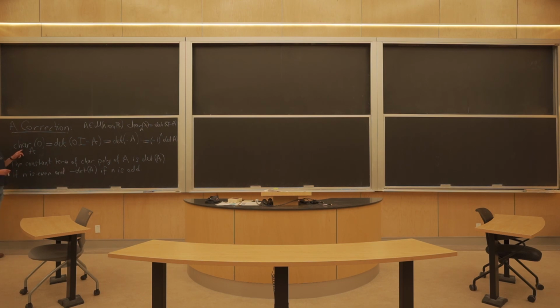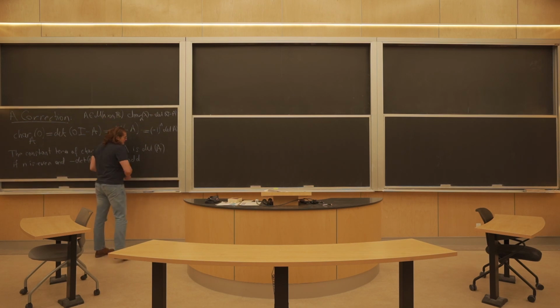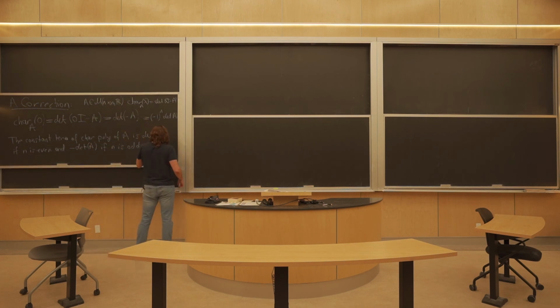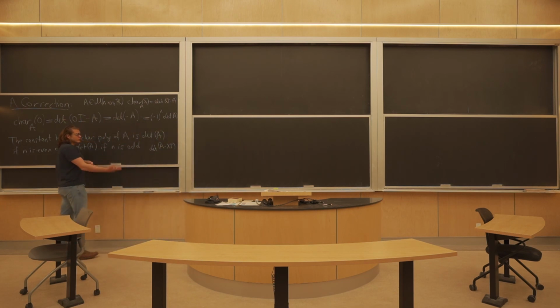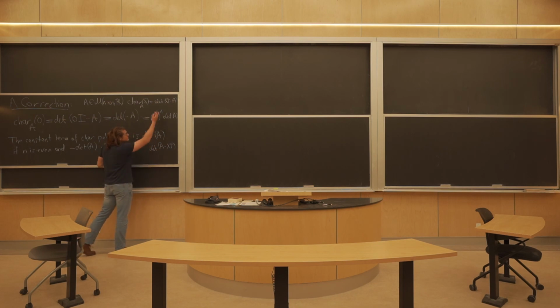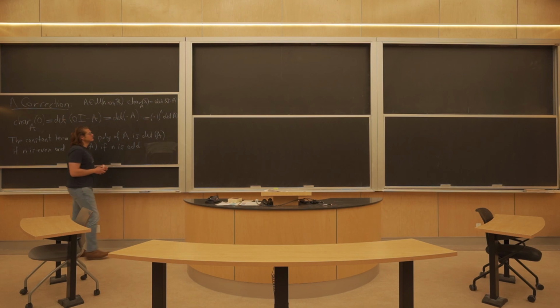I should also mention that in some other books, instead of defining the characteristic polynomial this way, they define it the other way around. They say the characteristic polynomial really is A minus lambda I. So everything changes up to a sign. But these are both common conventions.